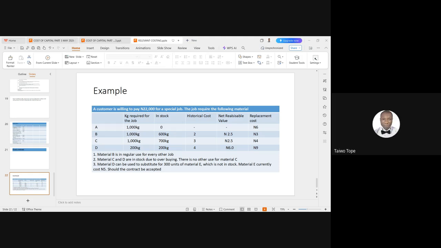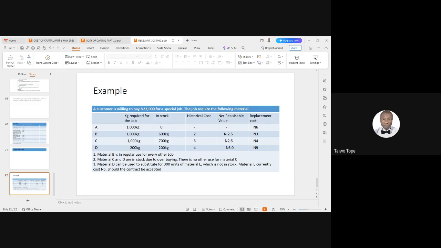Yes, from the question, we read that material D can be used to substitute for 300 units of material E, which is not in stock. Material E currently costs 5 naira.